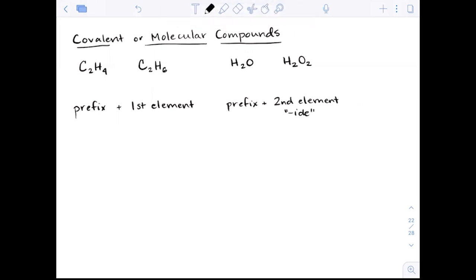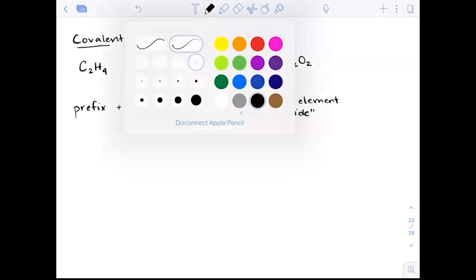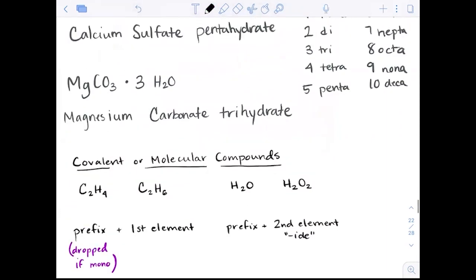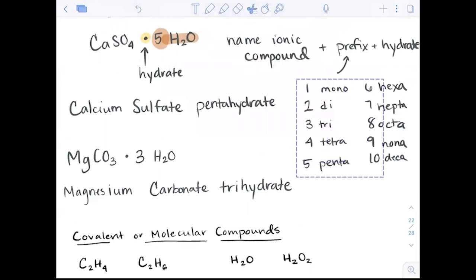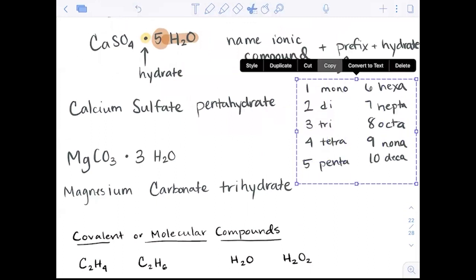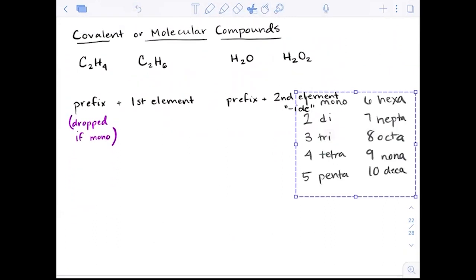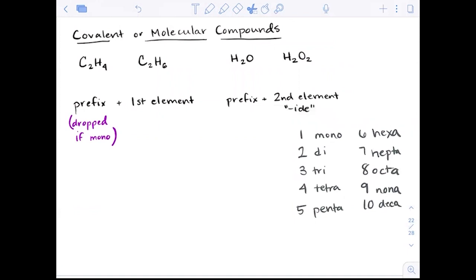So there's a similarity with covalent compounds versus ionic compounds. One thing to note is this prefix in the front gets to be dropped if it's mono. We'll see a couple of examples with that. Now again, our prefixes, just like we had up here, mono, di, tri, tetra, penta, hexa, hepta, octa, and nona, those are all our prefixes that we have.